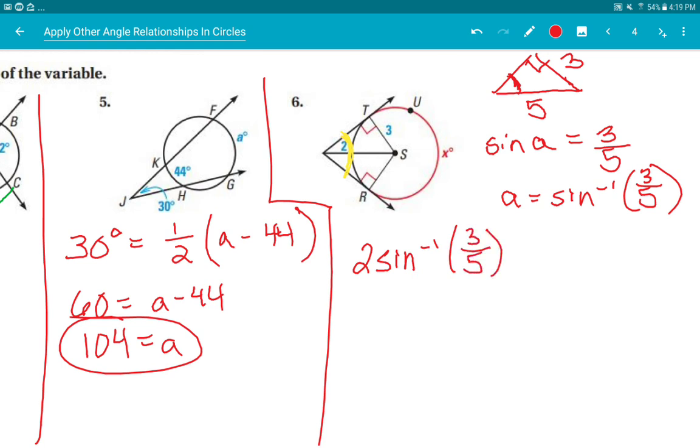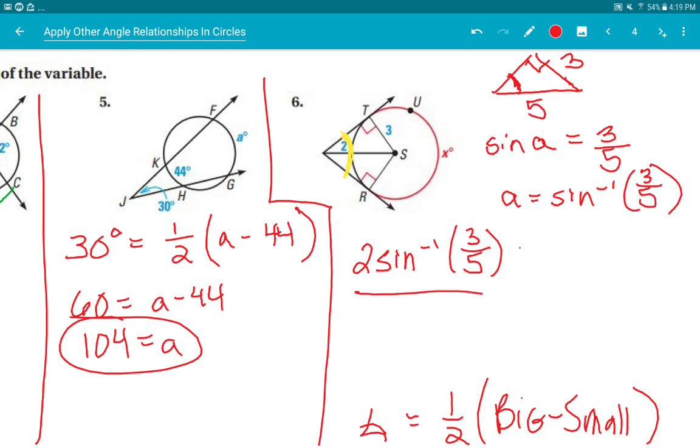Now, this is on the outside, so what's the rule for when it's on the outside? If it's on the outside, the angle is equal to 1/2 the bigger arc minus the smaller arc. So here, this is the angle on the outside. That's going to be equal to 1/2 times the bigger minus the smaller. Now, what's the bigger arc? In this case, the bigger arc is x.